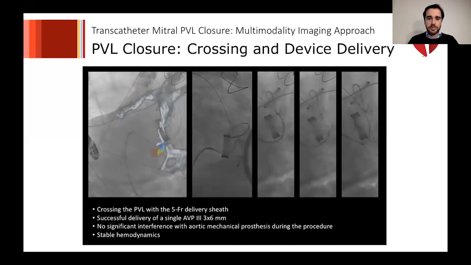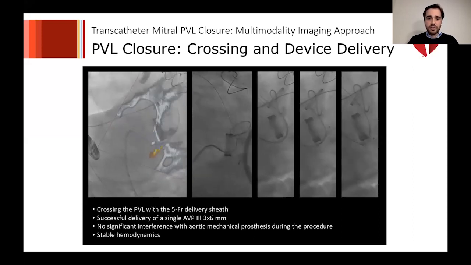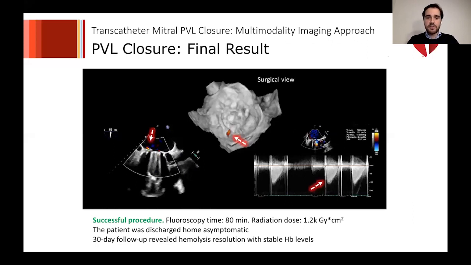The patient was stable throughout the procedure, and our final result showed only a trivial residual jet. The patient was discharged safely, asymptomatic, and a 30-day follow-up revealed a complete resolution of hemolysis with stable hemoglobin levels.